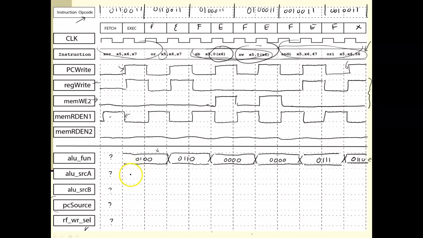So source A, let's look at source A. It's going to be for these two instructions here. Source A has to choose a register, so that's going to be 0 for these two. Source A is going to be 0 for these two here, because for the store instruction, it's still choosing a register value for the ALU source A, which is the 0 option.